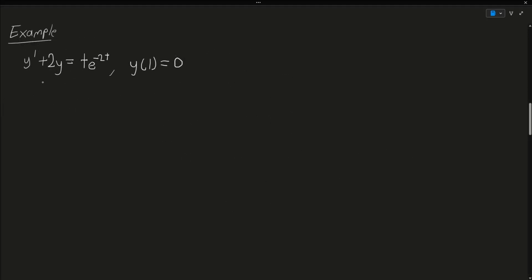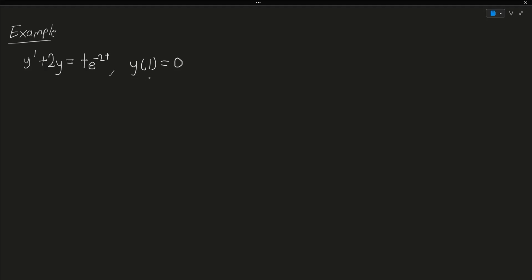Now here's a very nice example about first order linear differential equations. This is a first order linear differential equation, so we are able to use integrating factor to solve this problem. We are given an initial condition, y of 1 equals 0.